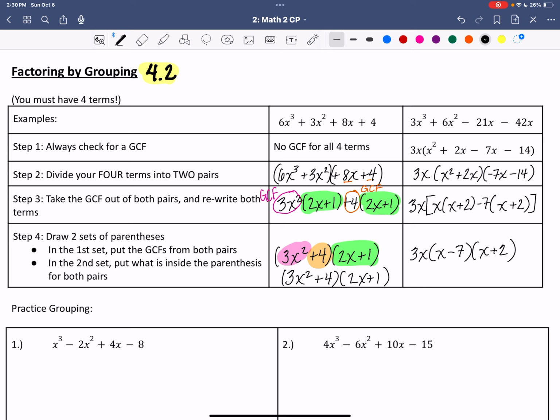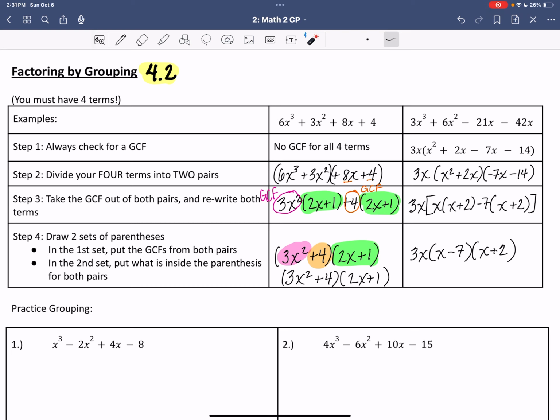Now again, you can always check by multiplying this out to see if what you got is what you started with. All right, so now on this side, we're going to do the same thing, but first we're going to check for a GCF. 3, 6, that's divisible by 3, and 21 and 42 are divisible by 3 and x.